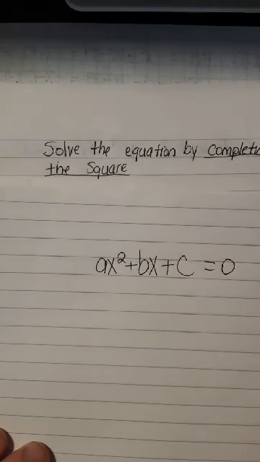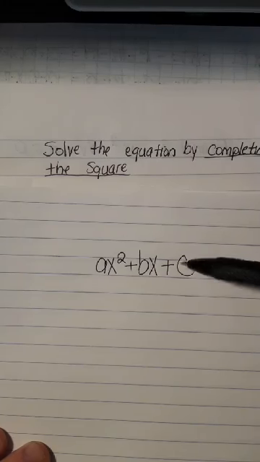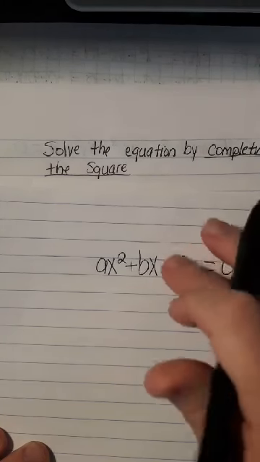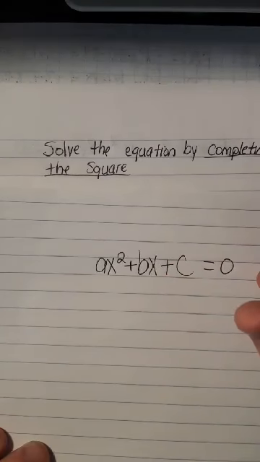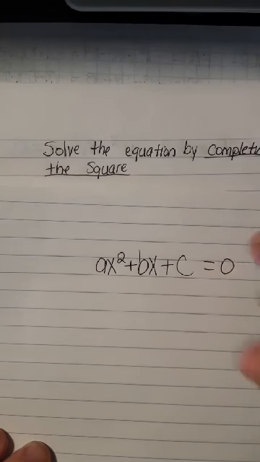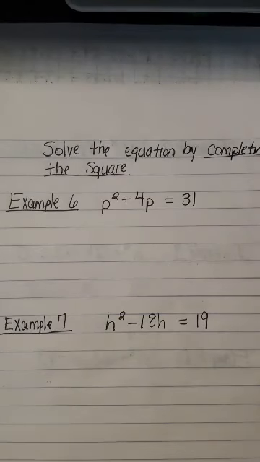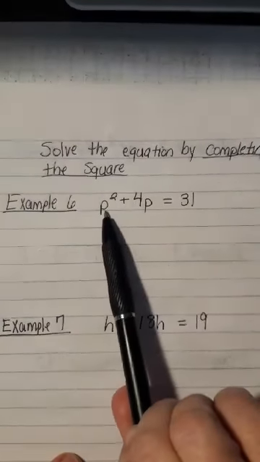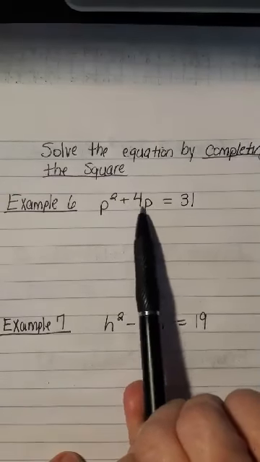Well, whenever you're solving by completing the square, if this c term right here is not a perfect square, it doesn't need to be there. It needs to be on the other side. So you're going to need your c to be over here on this side. And so that's the first thing that you look at, is you look to see if you have a perfect square trinomial over here already.